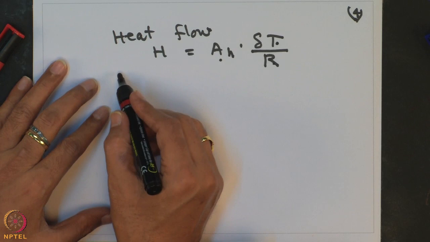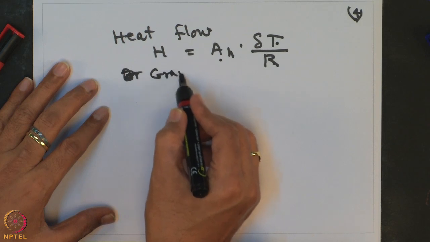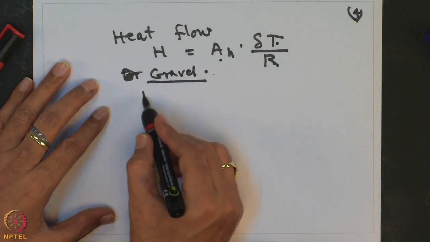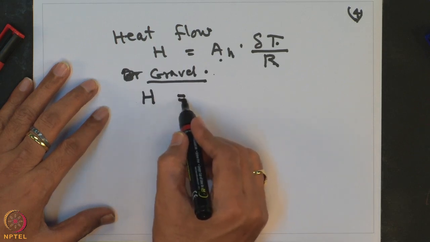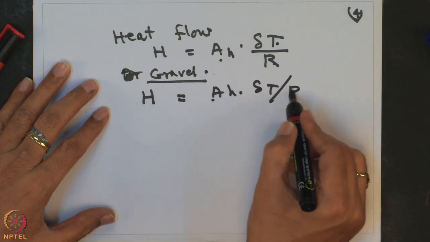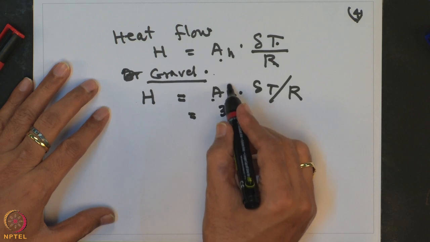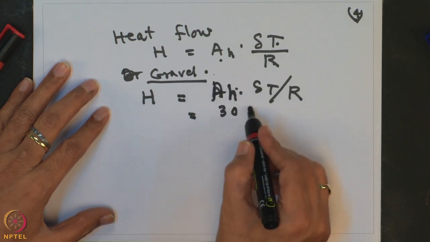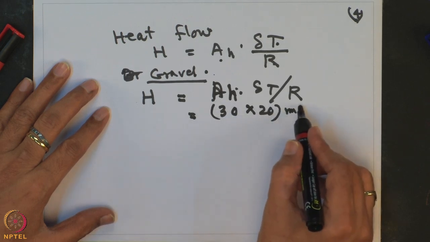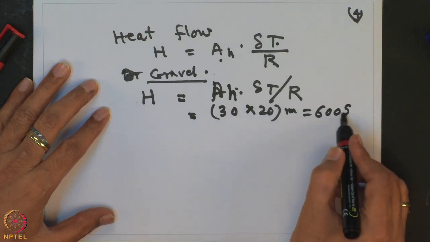So, when you use the gravel or the brick, that is the traditional method, the heat flow H will be equal to A_H into delta T divided by R. A_H is 30 into 20 meter, which gives about 600 square meter.